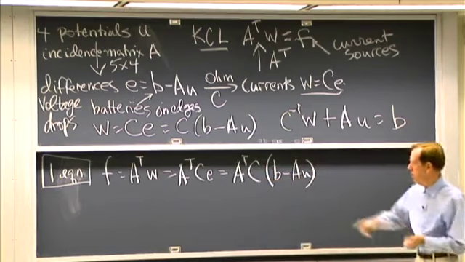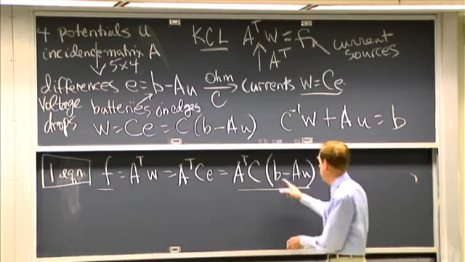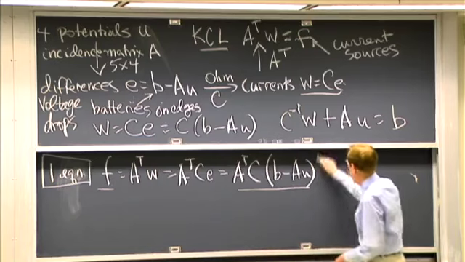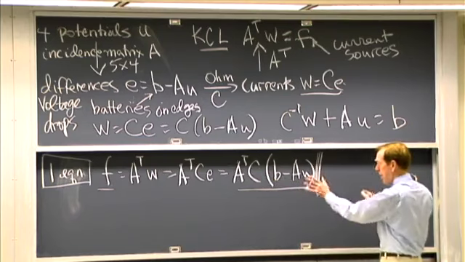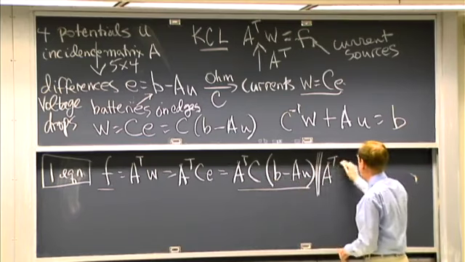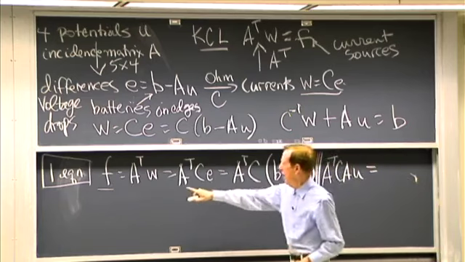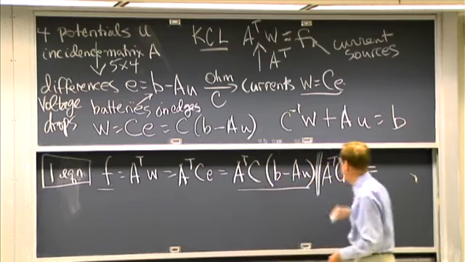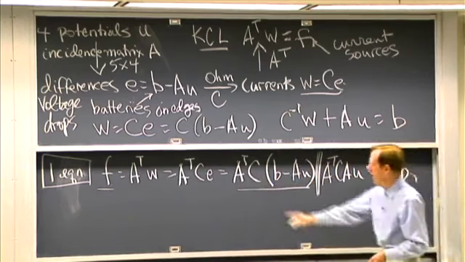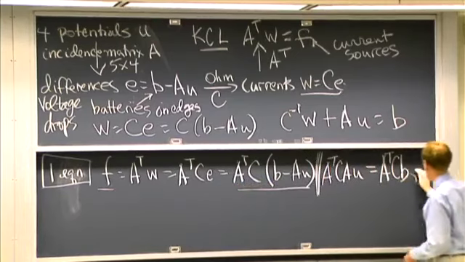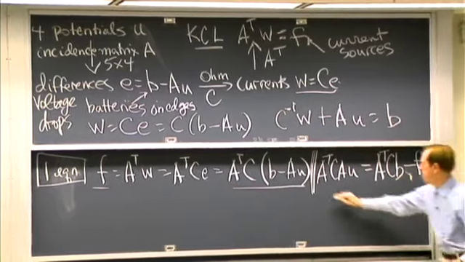Now they're both here. Let me just recollect it. That's A transpose CA, the big thing that I wanted to see. I'll put it on the left side. And what will I have on the right side? I'll have A transpose CB, and F is now coming over to the other side with a minus F. That's the big equation.